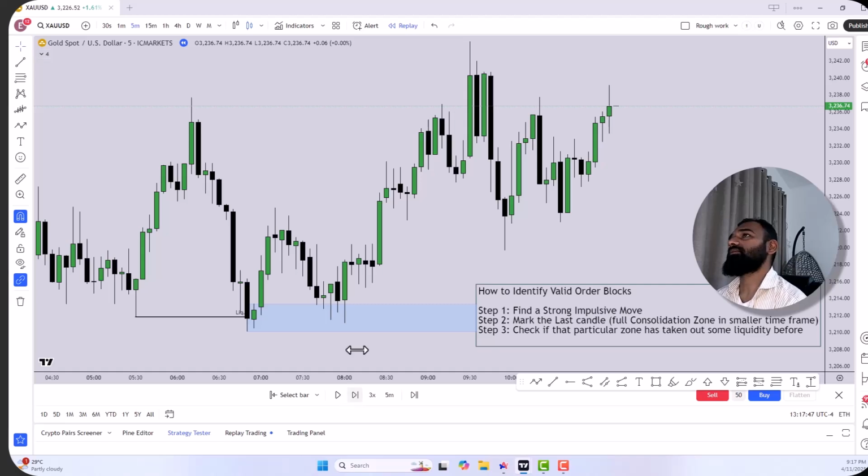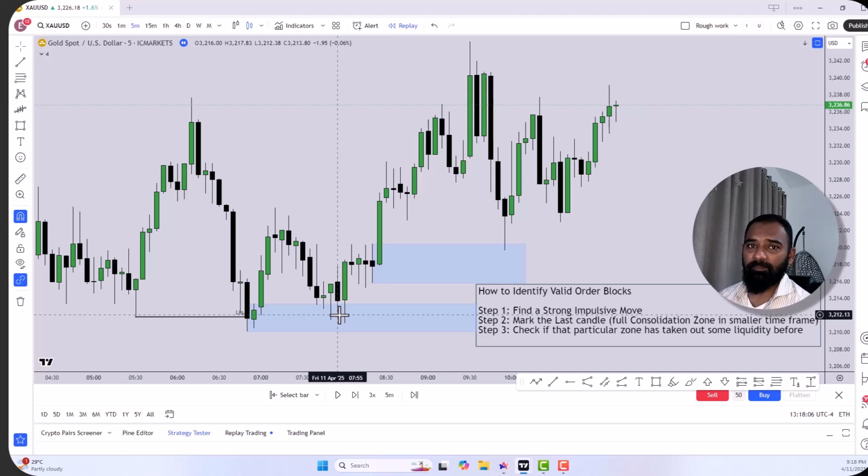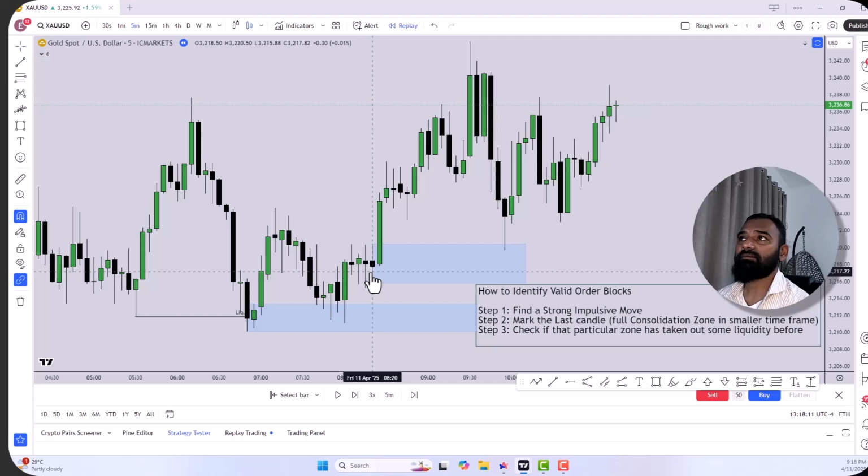Now again, price went up, again price went up, came back again, mitigated this particular order block. How it happened? At this particular level, price has taken a lot of liquidity, went up, made consolidation again. It means they were still executing their orders.